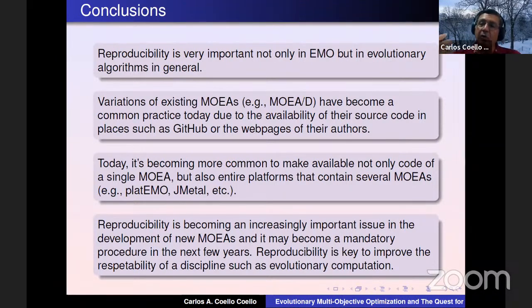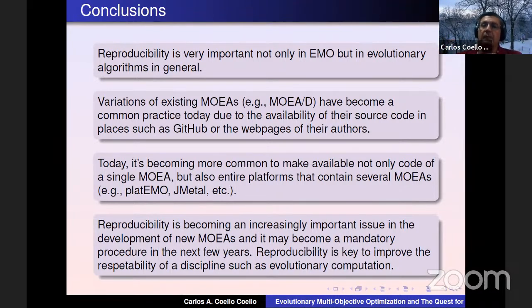So having the code of all these proposals will make clear that we are not proposing a fake algorithm, and we are not reporting fake results on the performance of our algorithm.